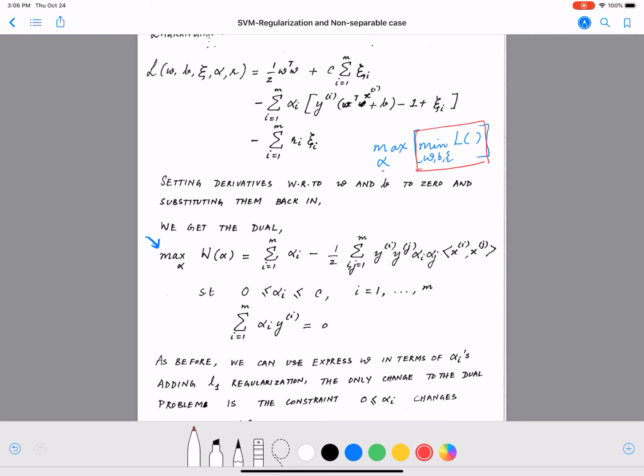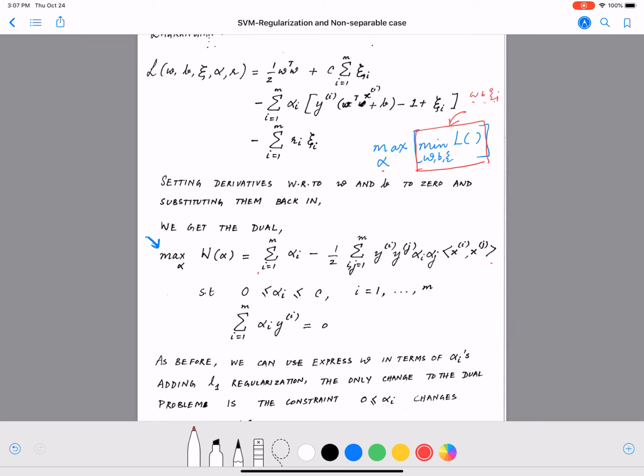To do that, whatever solution we got for W, B, and whatever we got when we solved for W, B and psi, we substitute that back into the Lagrange to get an expression. That is what we are doing to get this expression. Remember, we got that expression when we called out the kernel and constructed that expression, right?